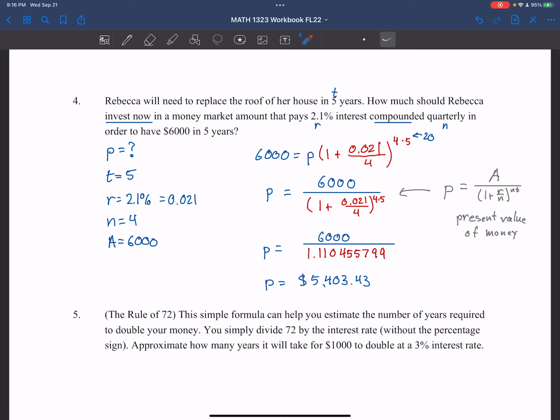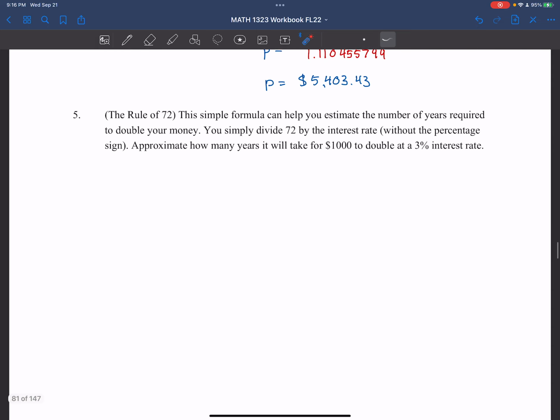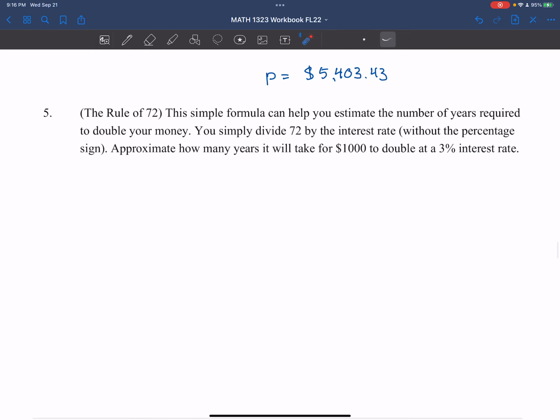Lastly, we're going to look at another little kind of computing trick called the Rule of 72. This is a simple formula that can help you estimate the number of years required to double your money. So you simply divide 72 by the interest rate, and this is where it gets a little weird, without the percentage sign. So you don't actually write it as a decimal.